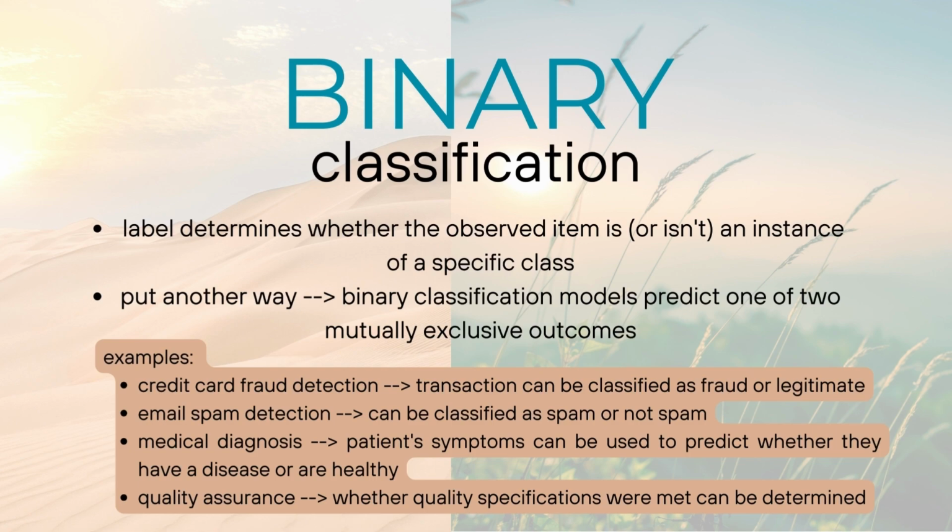Some examples of this are credit card fraud detection, as a transaction can be classified as fraud or legitimate, email spam detection, which can be classified as spam or not spam, medical diagnosis, as a patient's symptoms can be used to predict whether they have a disease or are healthy, and quality assurance, whether quality specifications were met can be determined.